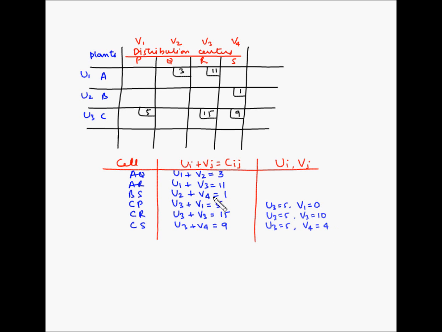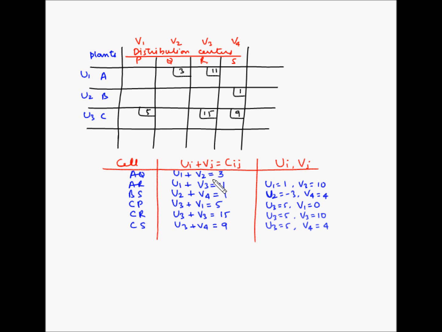So U2 plus 4 is equal to 1, or U2 is equal to 1 minus 4, which is minus 3. Now for the equation for AR, we know the value of V3, which is 10. So U1 is equal to 11 minus 10, which is 1.